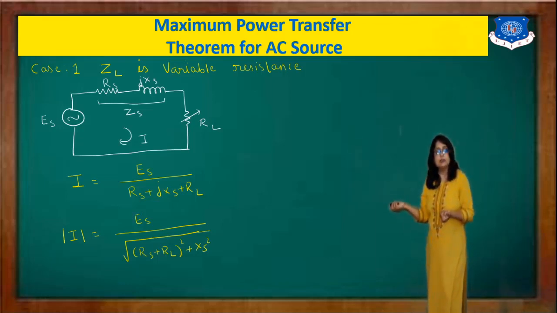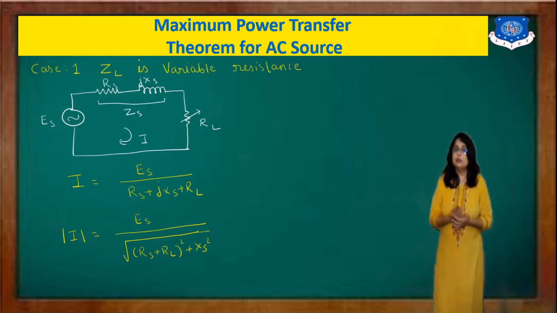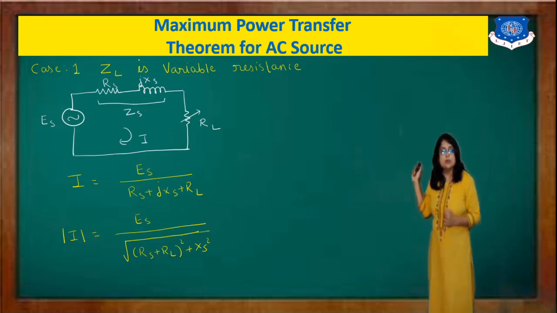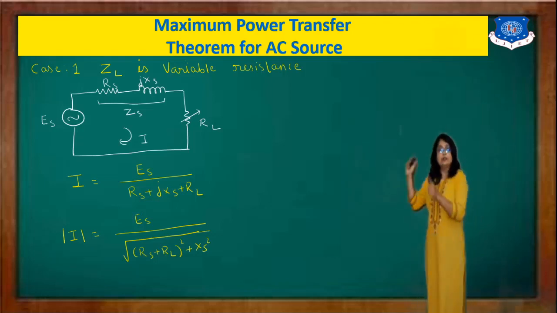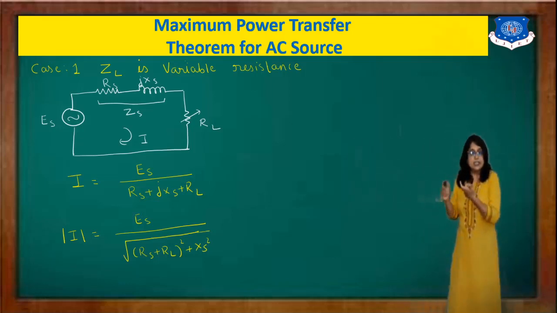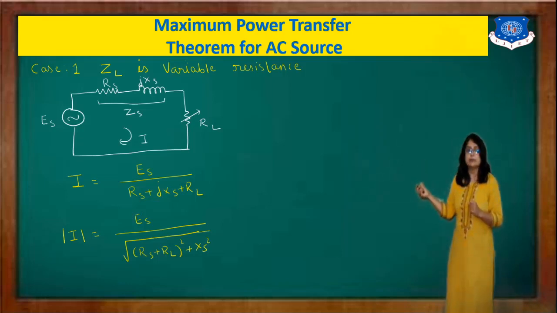How can we find the magnitude? Let me give you one example. For example, A plus JB. Then what is the magnitude? Under root of A square plus B square. Similarly, if you compare that with RS plus JXS plus RL, in that case A is RS plus RL, and B is XS.